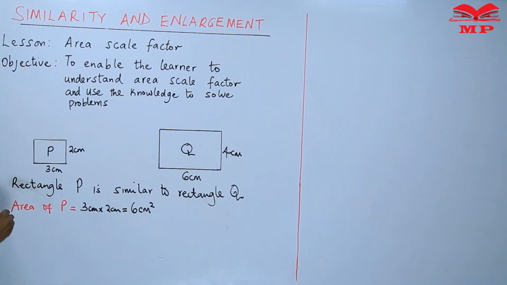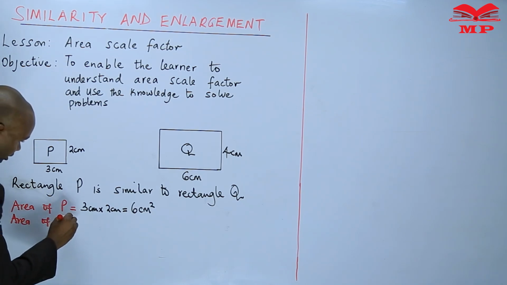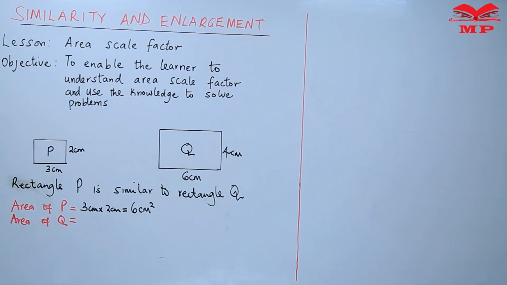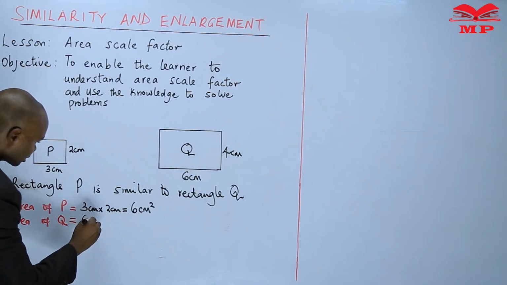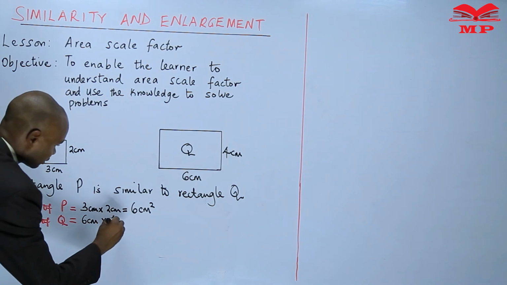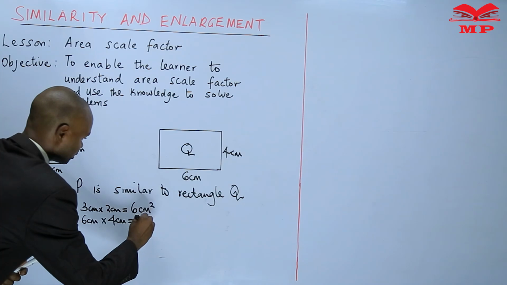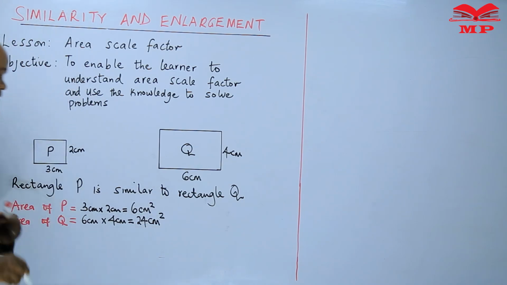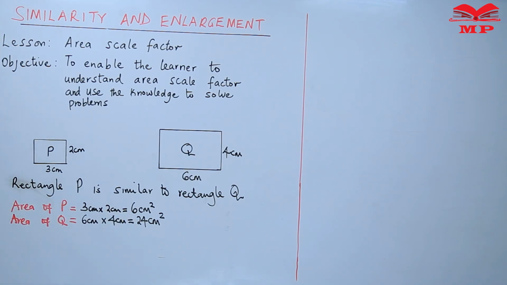Let's look at the area of Q. Area of Q is equal to 6 centimeters times 4 centimeters. Learner, you get 24 square centimeters. So we have the area of Q and the area of P.